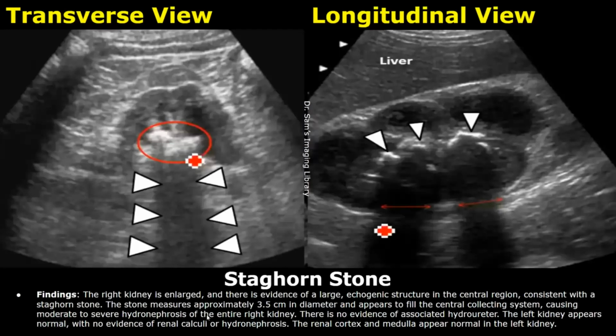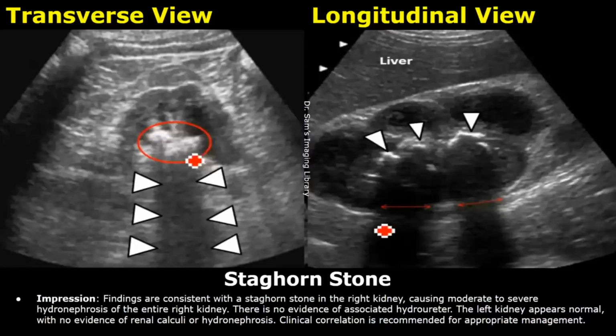In this case it was causing moderate to severe hydronephrosis of the entire right kidney, and if there is hydroureter present you can write about that. Then you can write about the appearance of the other kidney.